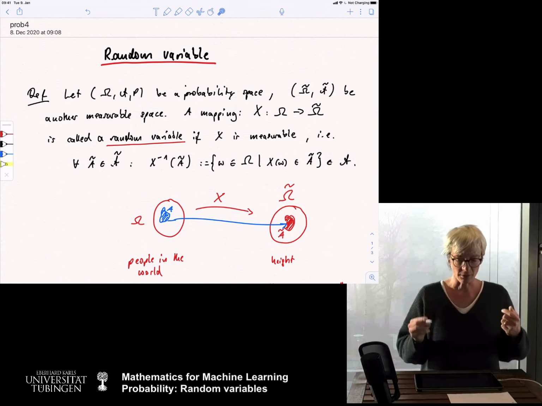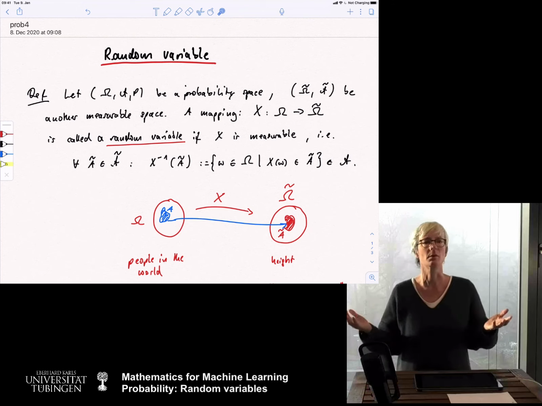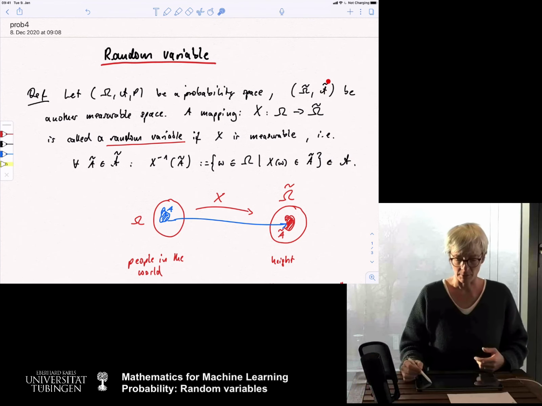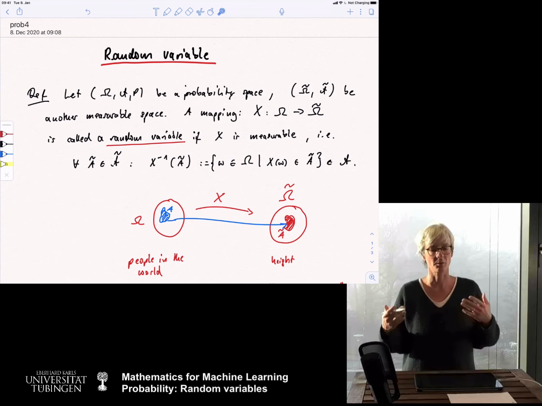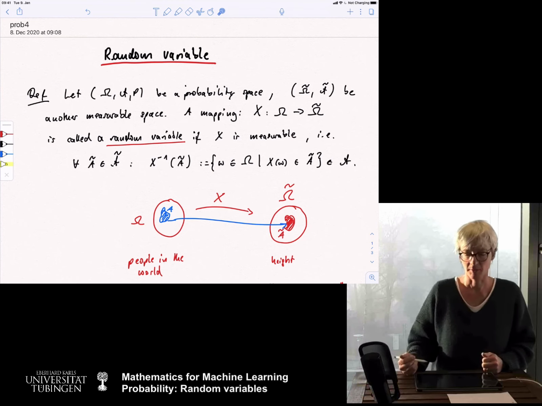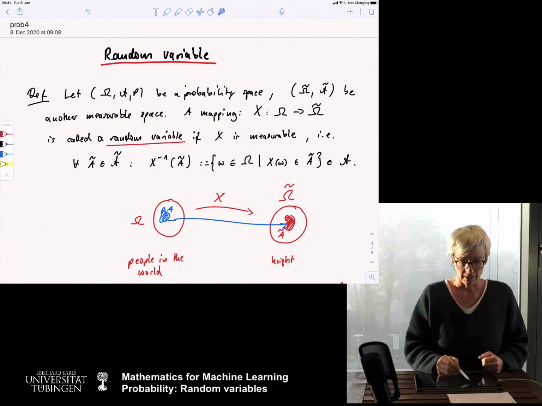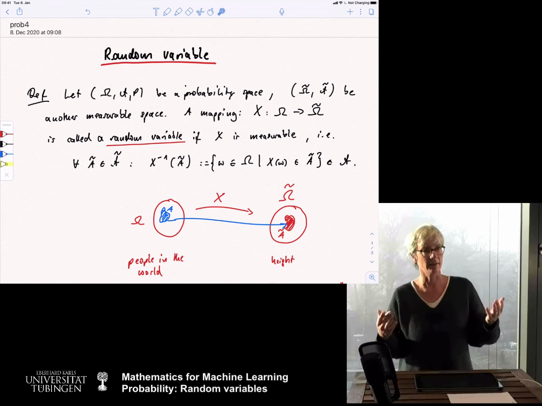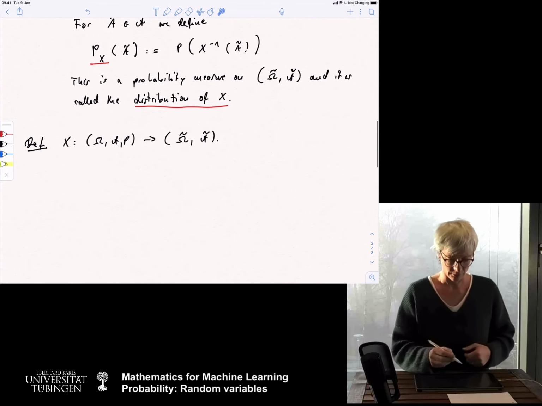So if you already know in your mind what is the mapping X that you want to consider, what is the target space, so this is typically what you know, you want to measure the height of people, and it is also clear what the sigma algebra A tilde is, so it's all reasonable events that you might want to express about the height of people. And then you can ask yourself, what is the sigma algebra A that I need on Omega such that the mapping is in the end measurable? This is what we now define.